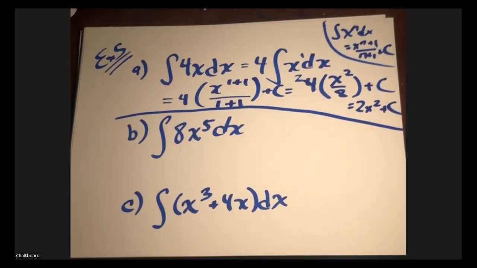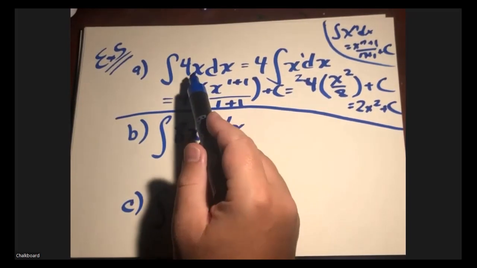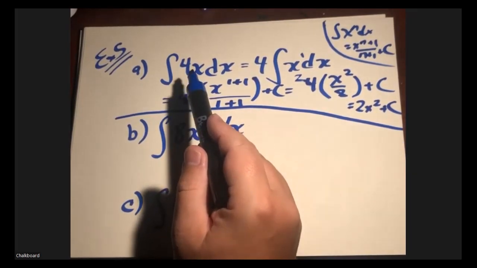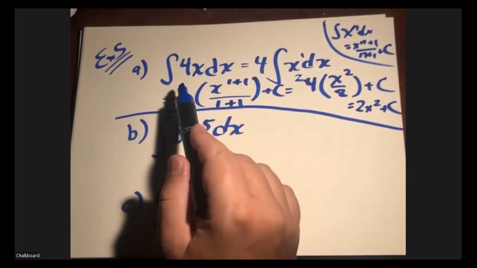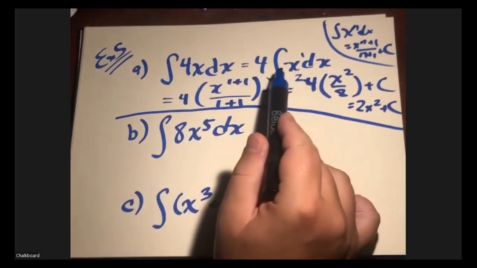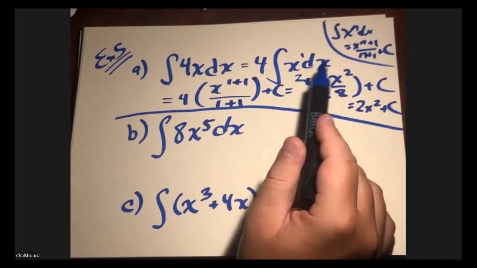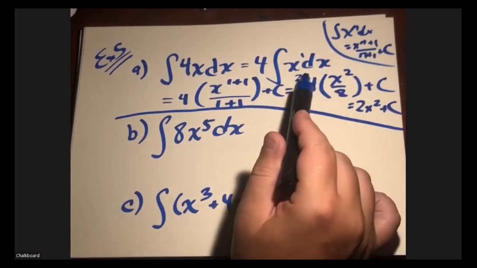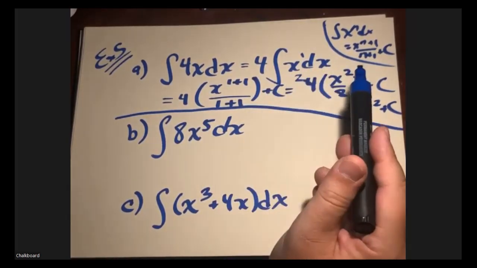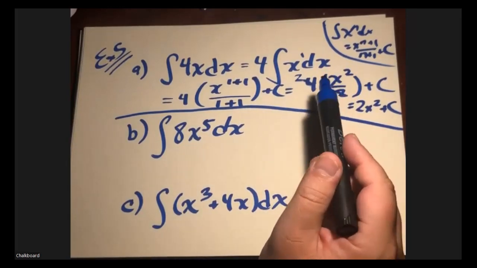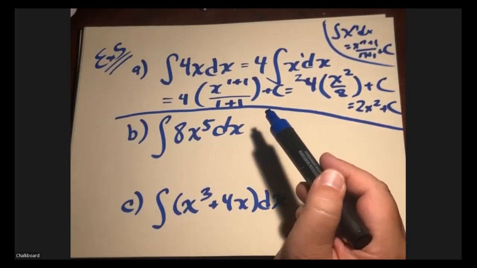Let's pause there for a minute and take a look at how that worked. The first thing I did was I pulled the 4 out, and that is the constant rule. Since there is a 4 being multiplied, and 4 is a constant, I can act like the 4 doesn't matter and put it out in front and just focus on the rest of it. Now it's x dx. The integral of x dx can follow the power rule because x dx is ultimately x to the 1 dx. Now, if n is 1, you can think about 1 plus 1 gives the 2.